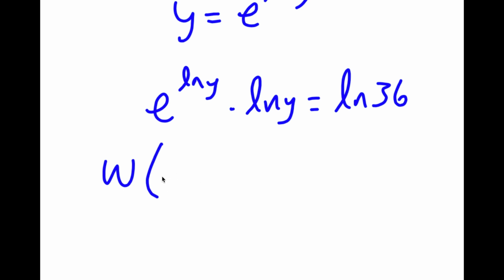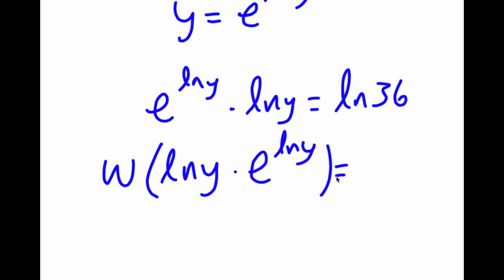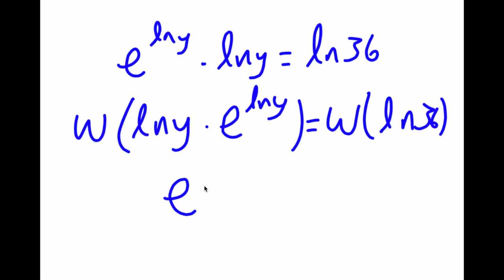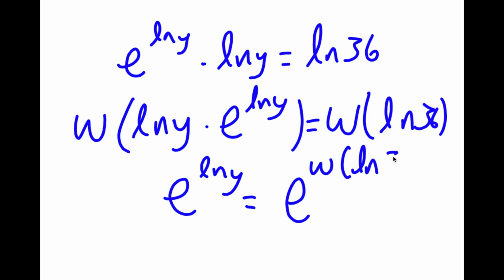So I have the W of ln y times e to the power of ln y is equal to W of ln 36. And this results in e to the power of ln y equaling e to the power of W of ln 36.